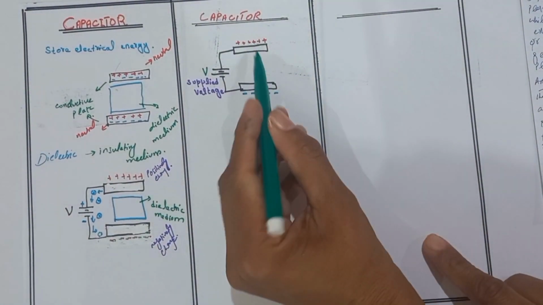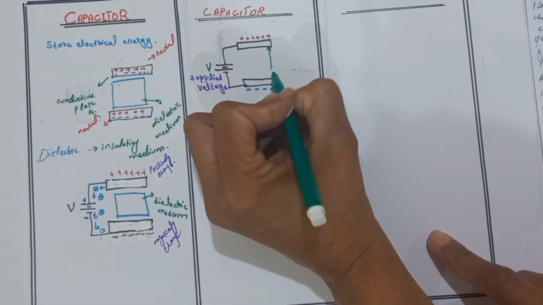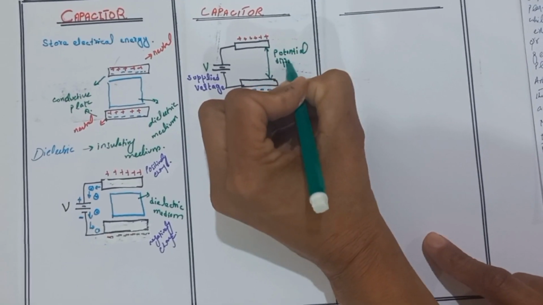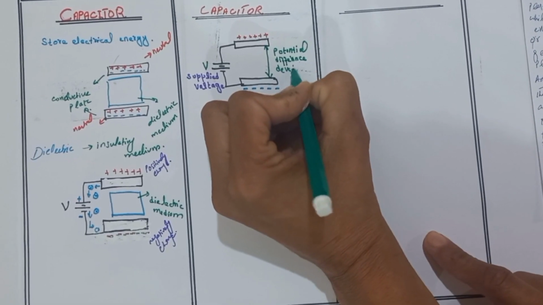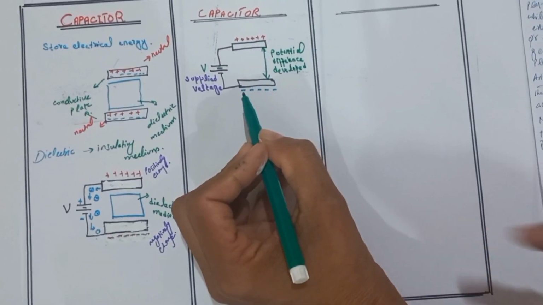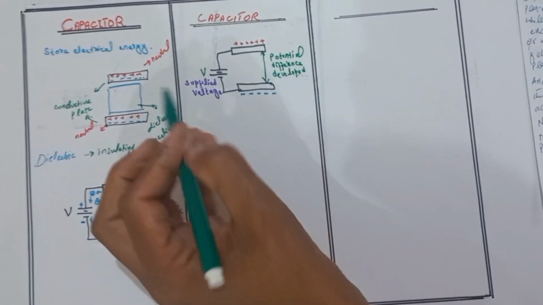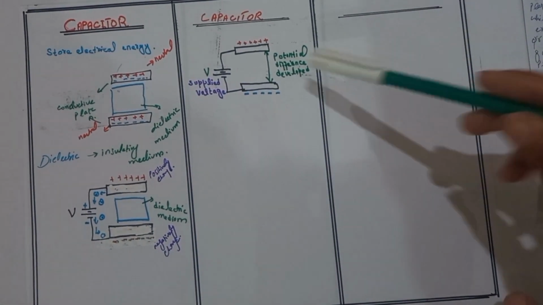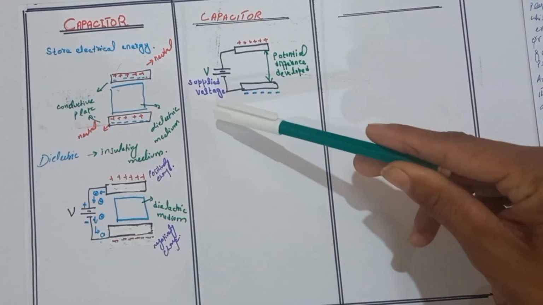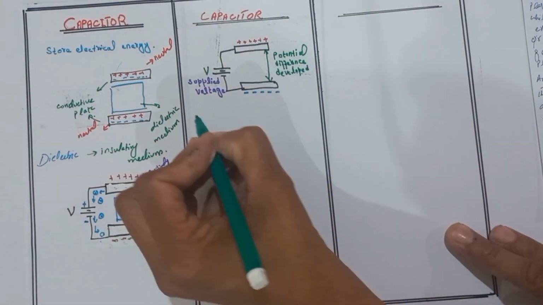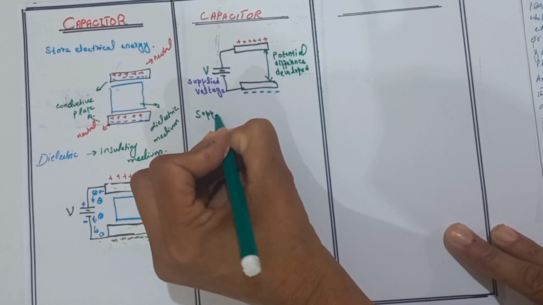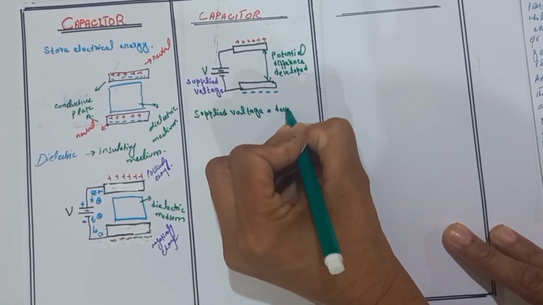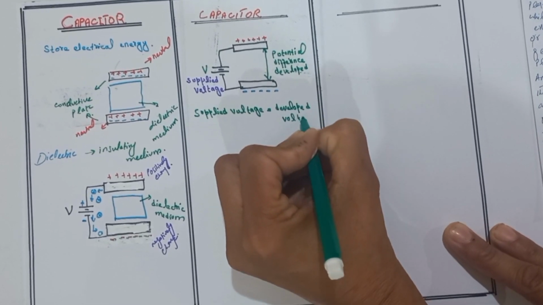Because of these charged plates, a potential difference develops between these plates. The building of charges across these two plates continues until the supplied voltage becomes equal to the developed voltage.